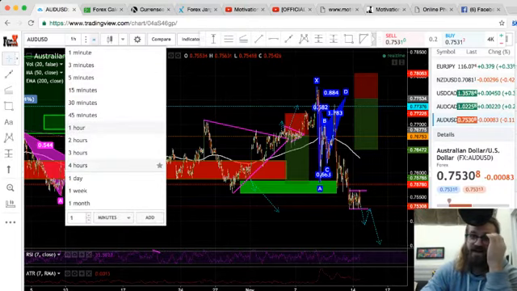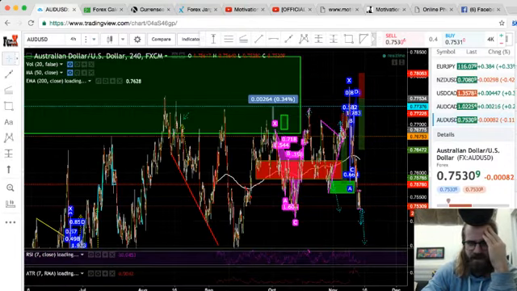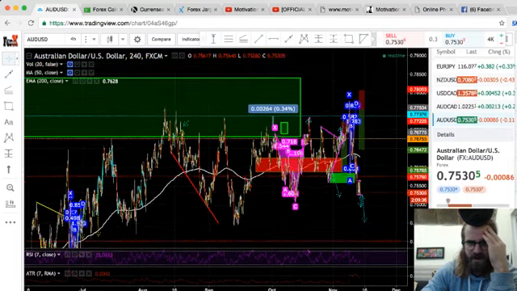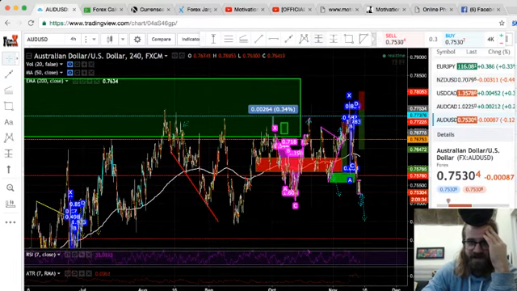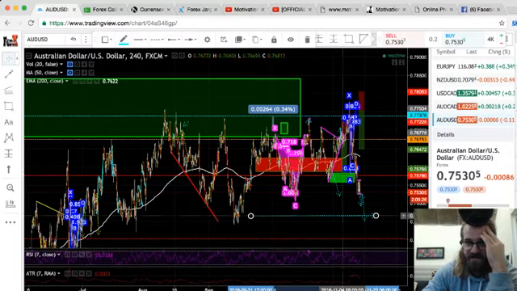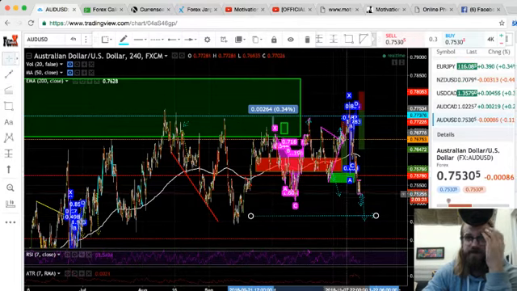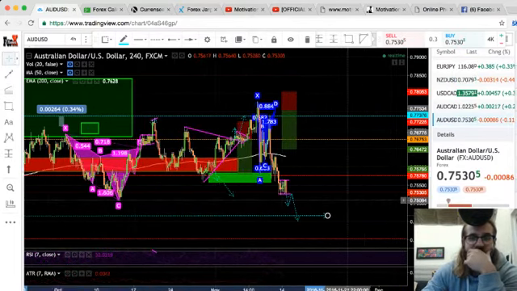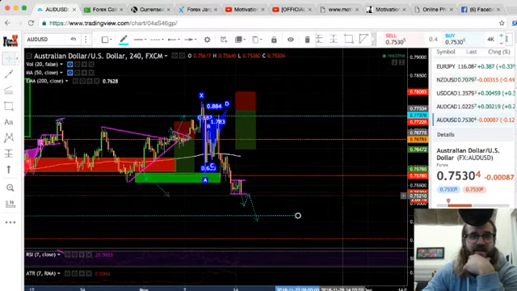I guess there's not a lot of room, I think. Yeah, if we're gonna break to the downside, I would take targets right here. Boom. At 74.65. I think that's a nice target.